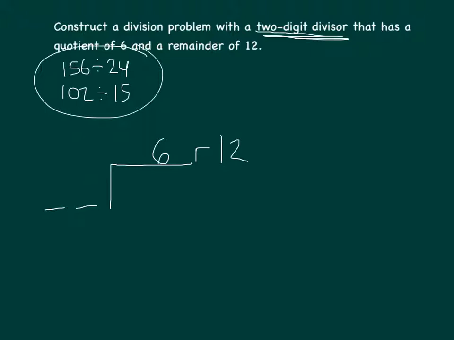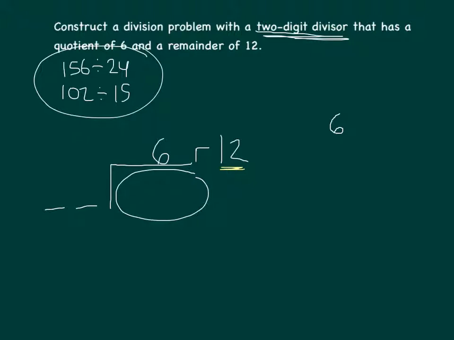I'm taking a large amount of something and dividing it into piles of a certain size, and I'm getting 6 piles with 12 left over. So I can reverse that: I have 6 groups of anything you want, as long as it's 2 digits and greater than 12, because if it was less than 12, I could get another whole group out of it.